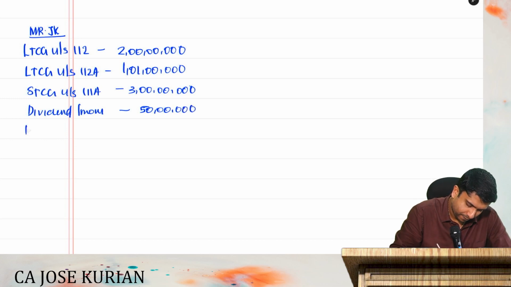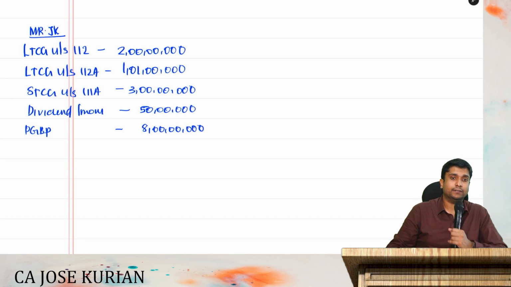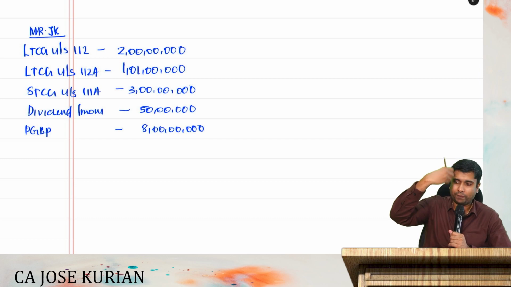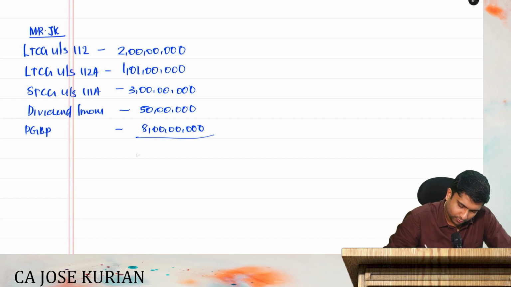I have PGBP, profits or gains from business or profession, say it is 8 crore. And tell me how much will be my total income? If my combination of incomes is like this, how much will be my total income? Take your calculator, compute and tell me. 6 crore?